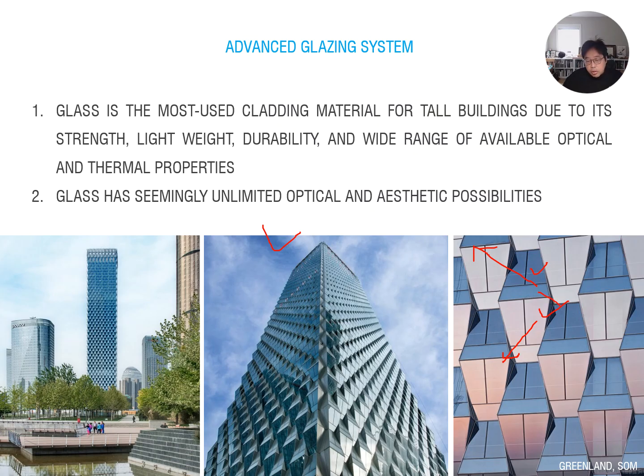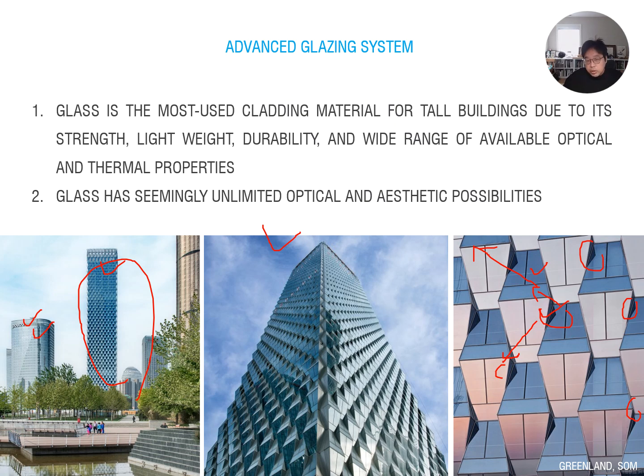Even intentionally making this prism shape, you see that this shade here generates a 2.5-dimensional facade design rather than a 2-dimensional facade. When you compare these two buildings, this building looks more volumetric compared to this typical cladding curtain system.